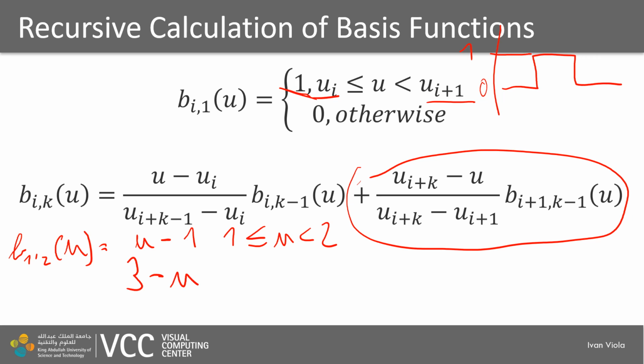And in the denominator, u_(i+k) minus u_(i+1), 3 minus 2 is 1 again, so we do not write the denominator, times B_(i+1), so this will be B_2,k-1, B_2,1(u). And the B_2,1(u) is now again equal to, I will delete here these markings.